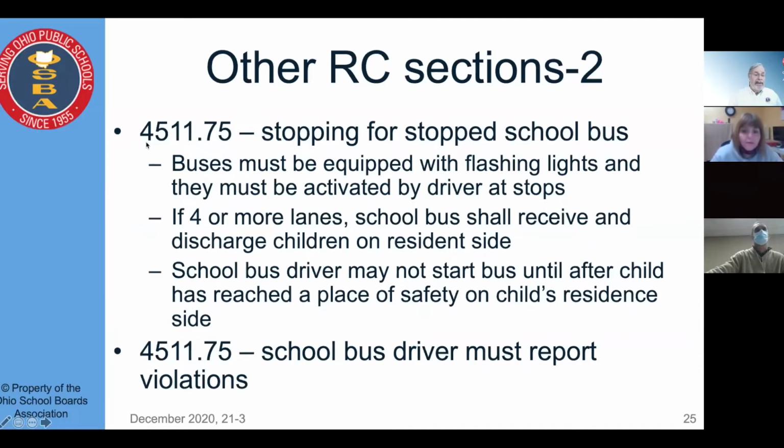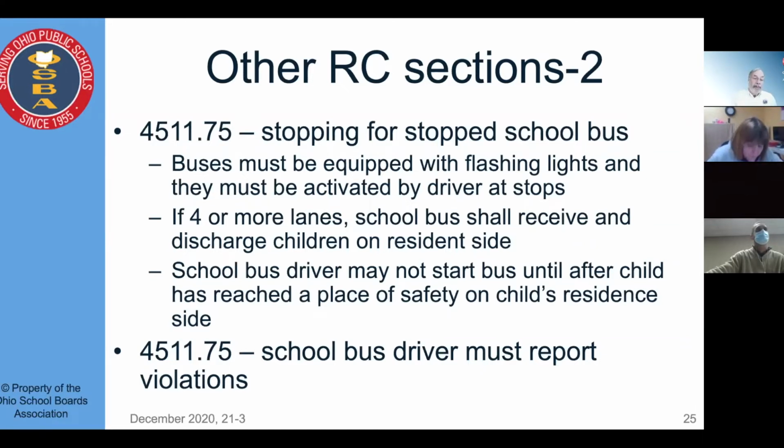4511.75 is a requirement that traffic must stop for a stopped school bus. There are two sides to this. One is, what do the motorists around the bus have to do? But this is also a very important section for you to provide your school bus drivers in an in-service, because there are 2 points in here that are critical for your drivers.